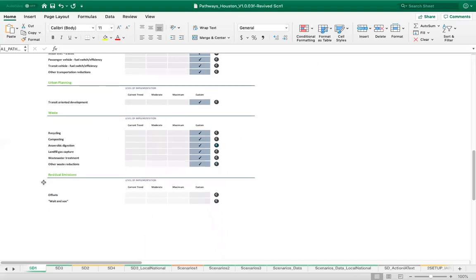And there is a little section at the end to see what we want to do with residual emissions. This is basically just filling in the wedge chart at the top if there are commitments to offsetting or just leaving a wait and see approach to the remaining emissions.